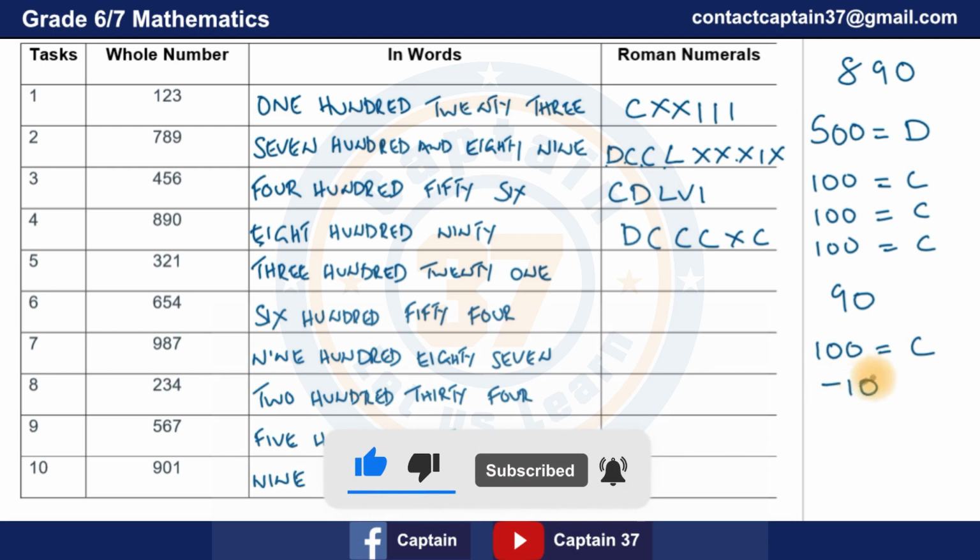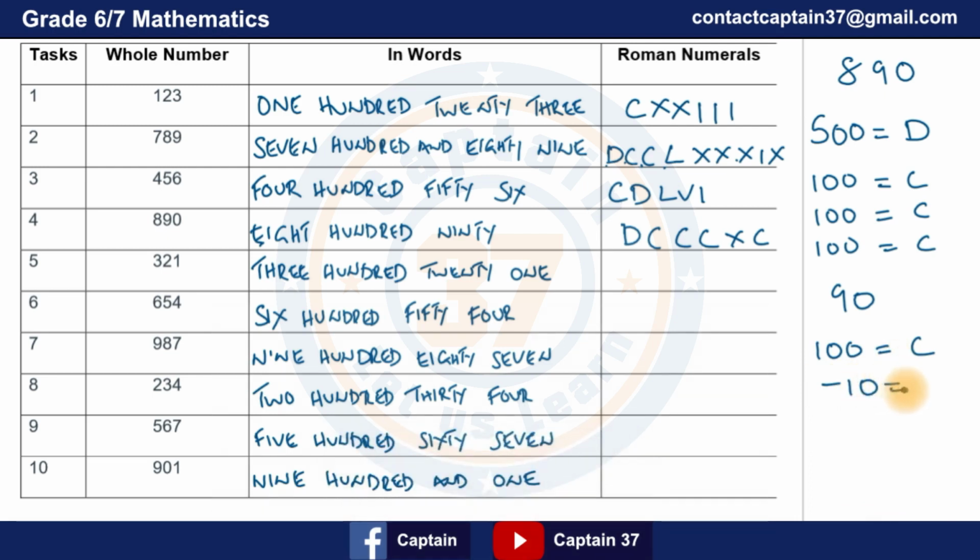And we know that 10 is represented by X. So we have this C representing 100, and if we want this to become 90, we write X in front of it, because this number is going to be subtracted from this particular number. So this is equal to 90.